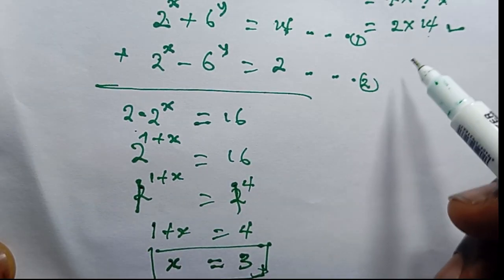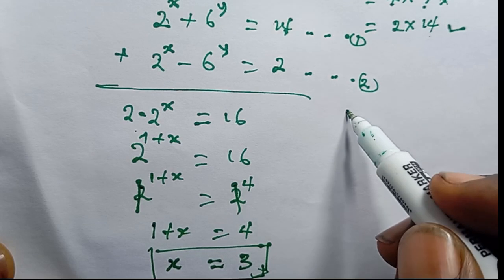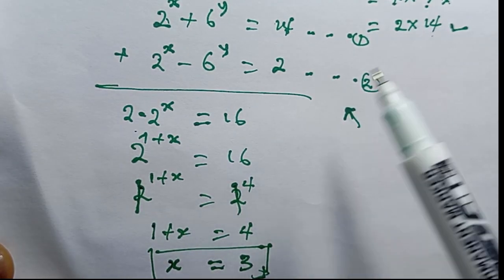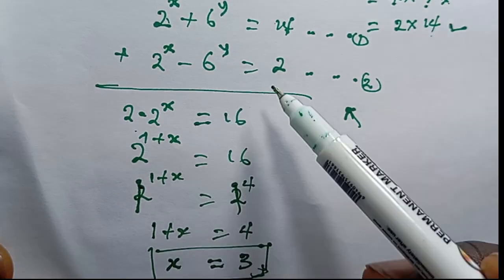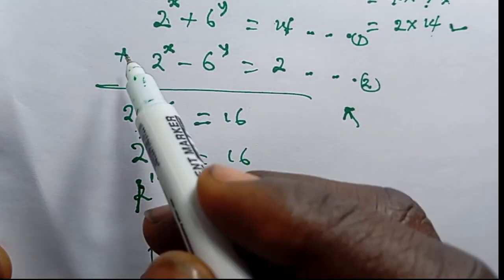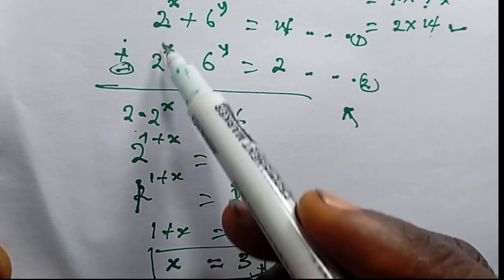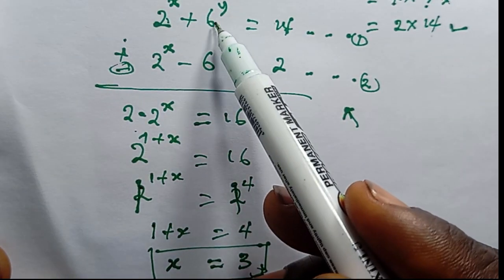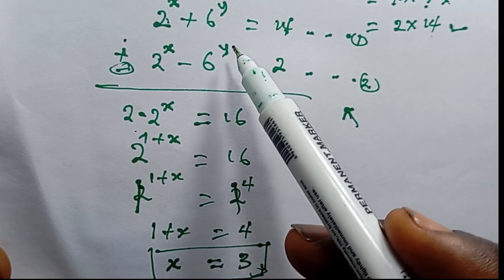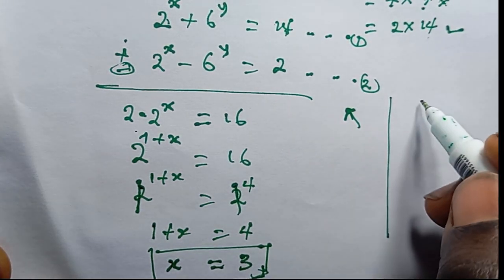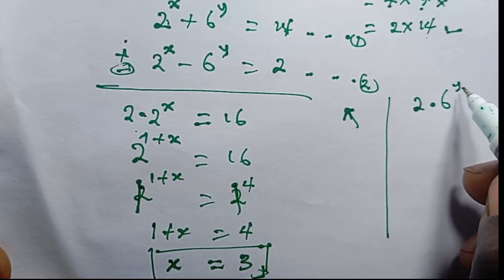So coming back to this point right here, for us to get the value of y, we are going to subtract equation 2 from equation 1. Okay, so in place of plus here we'll put minus. So this minus this is 0. 6 power y minus minus 6 power y will give us 2 multiplied by 6 power y.